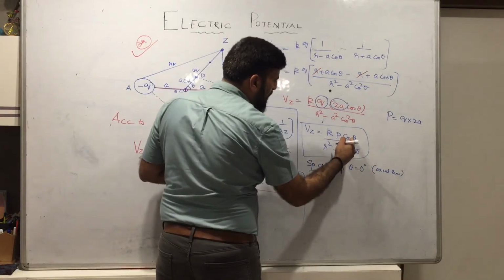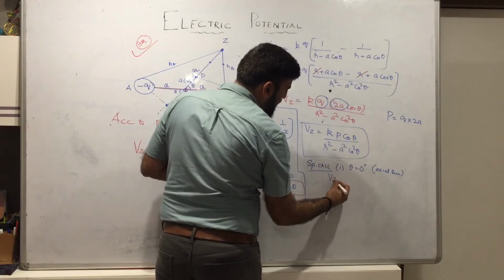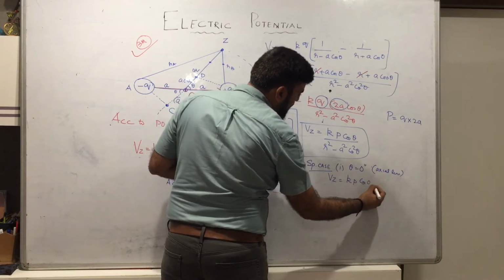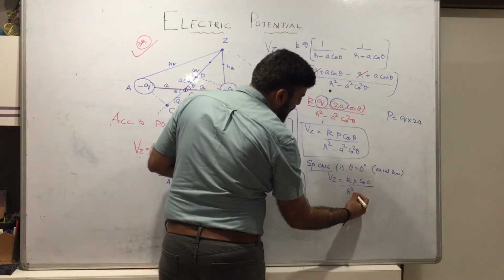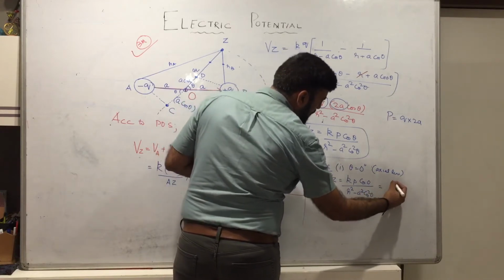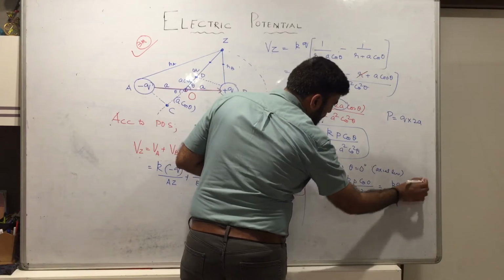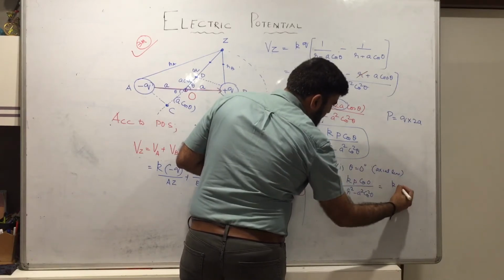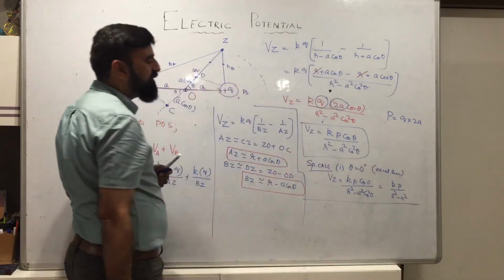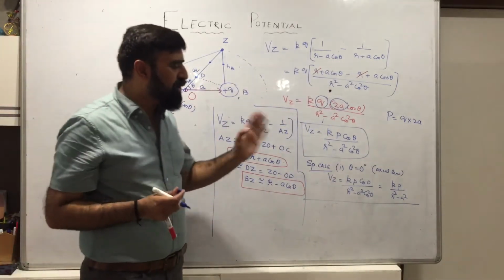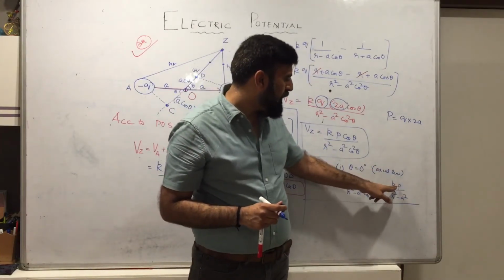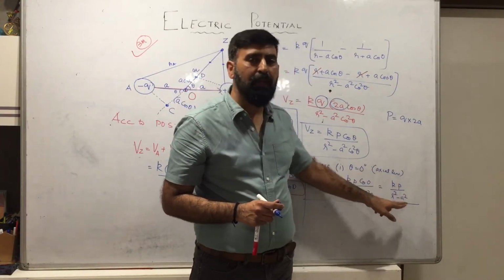If you put theta equal to 0 here, VZ clearly is equal to K P cos 0 upon R square minus A square cos square 0. Cos 0 is equal to 1. So what I get is K P upon R square minus A square. That's my first special case, that if theta is equal to 0, find the potential on the axial line of a dipole. So on the axial line of the dipole, K P upon R square minus A square.